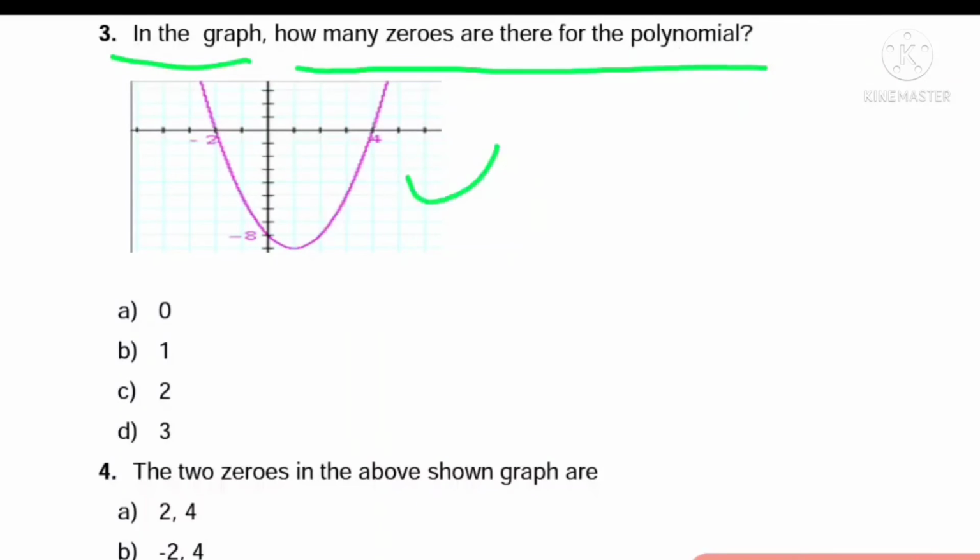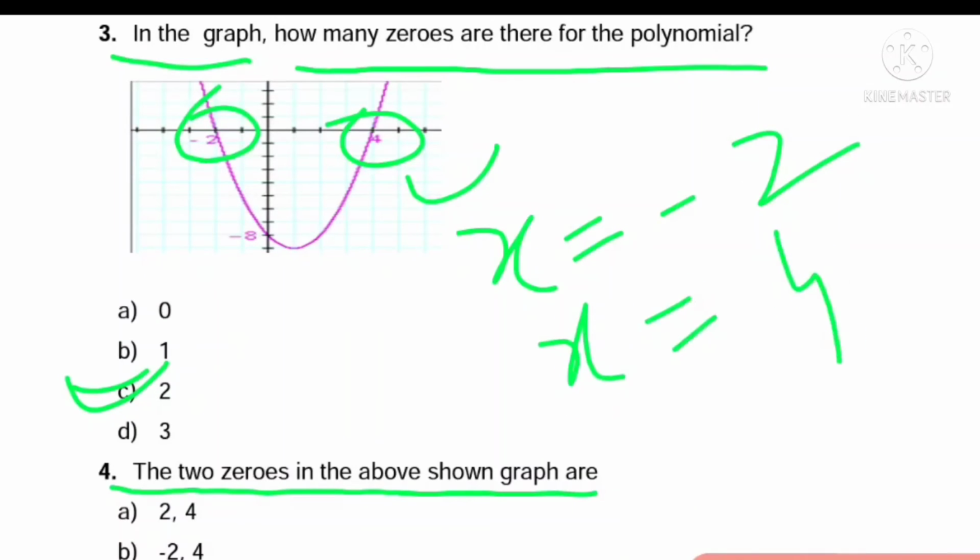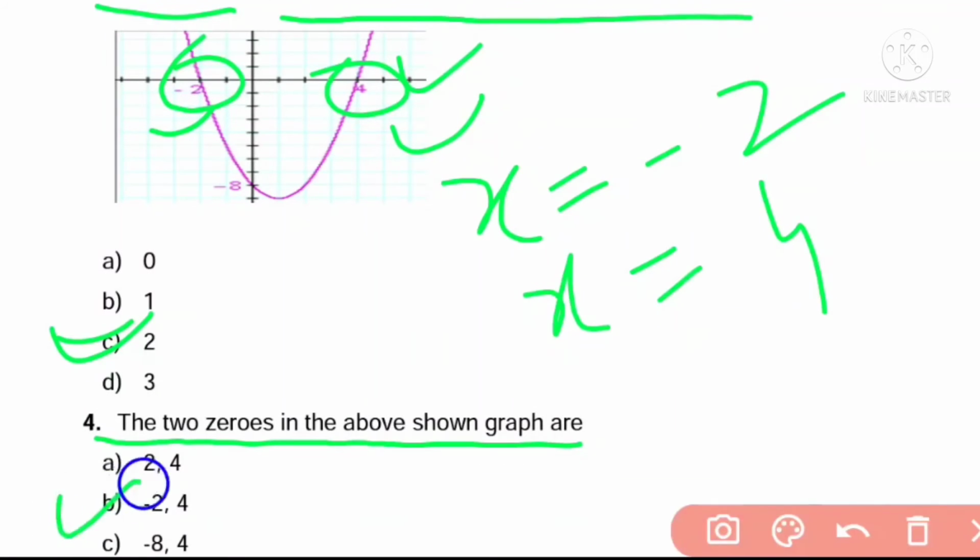This graph is given here, this 1 and 2. So 2 zeros, so we can write here 2. And the 2 zeros in the above shown graph are, so here zeros are x equal to -2 and x equal to 4. These points are the zeros. So here answer is B.